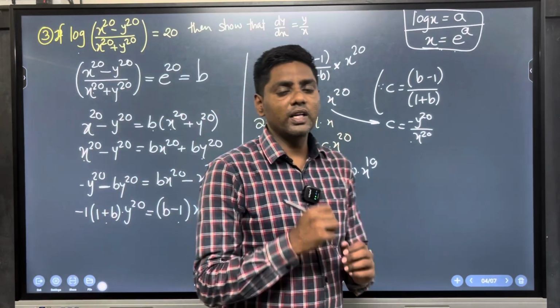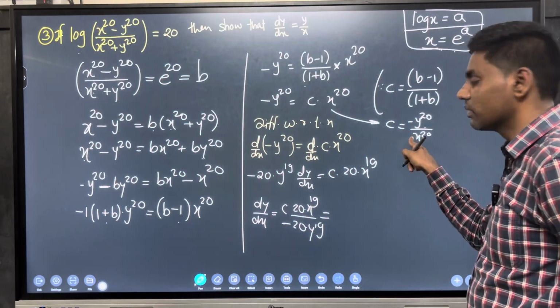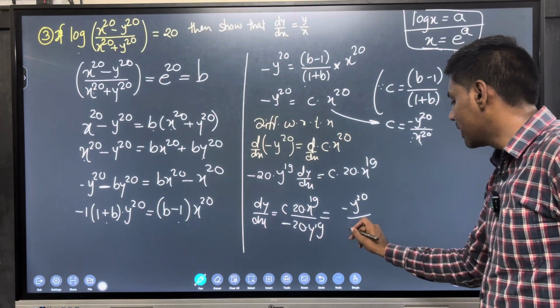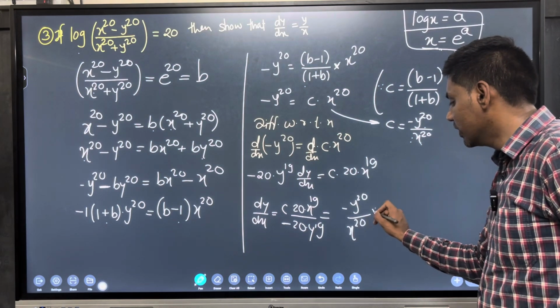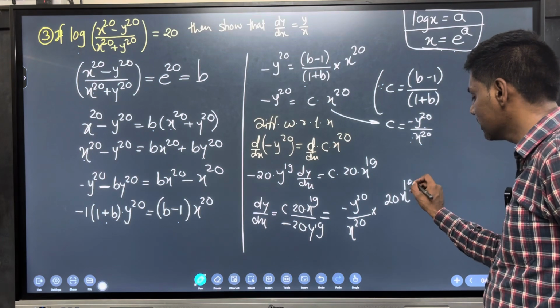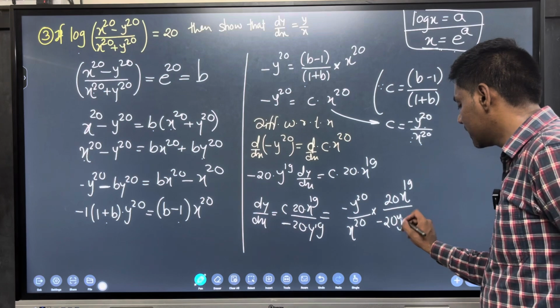But substitute the value of c. We have to resubstitute the value of c. What is the value of c? It is minus y^20 divided by x^20, into this number as it is, that is 20 x^19 divided by minus 20 y^19.